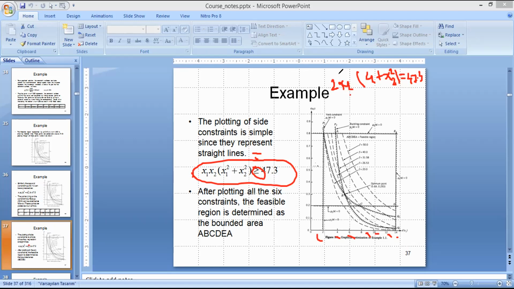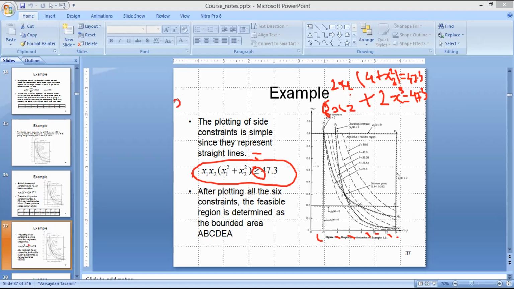I am just multiplying: 8 into 2 into 4, it will be 8x2, plus 2 into x2, so it will be 2x cube, is equal to 47.3, right? So I am rearranging this one like this.